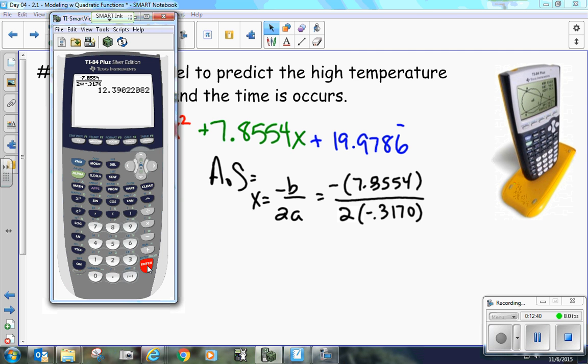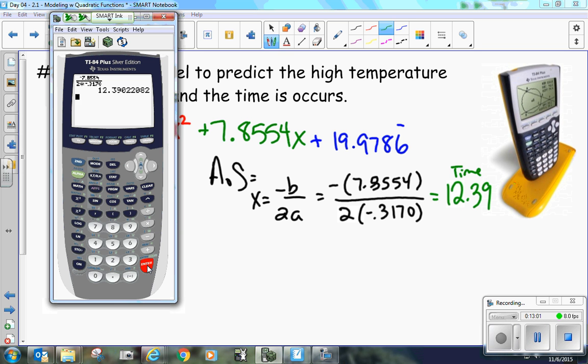Make sure you get 12.3902. Yeah, one of your decimals is off. I know a decimal was off, so get the right digits. So if this is time, we'll just go 2 decimal places. This is 12.39. That's the time. So how do I figure the temperature at this time?